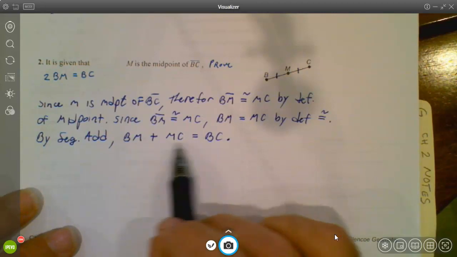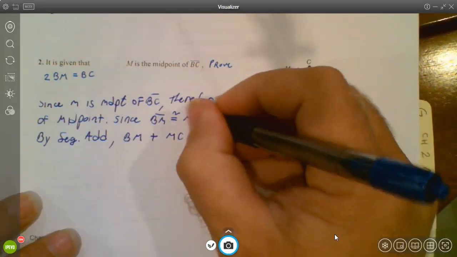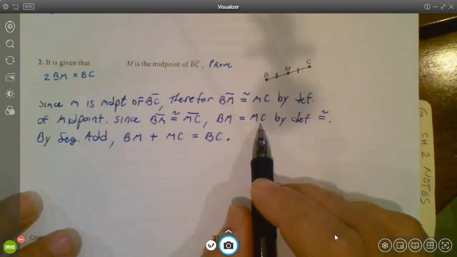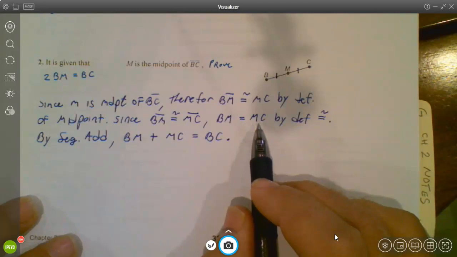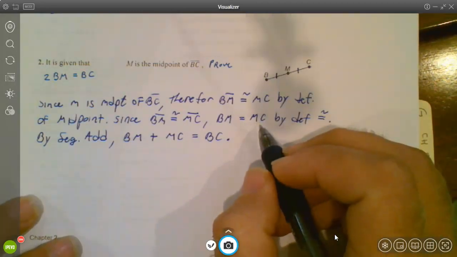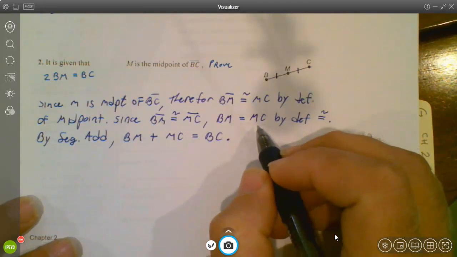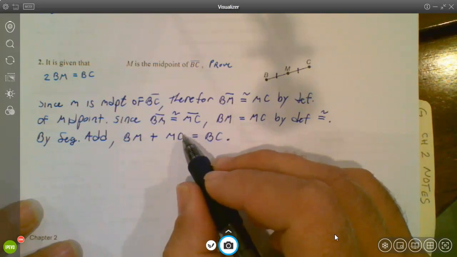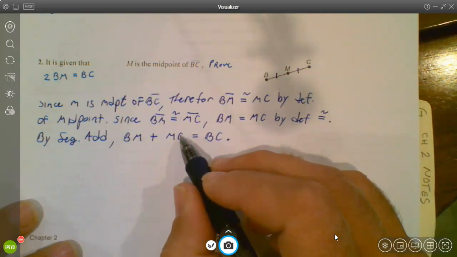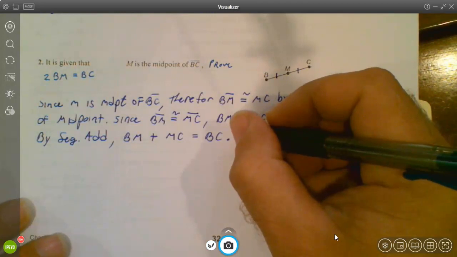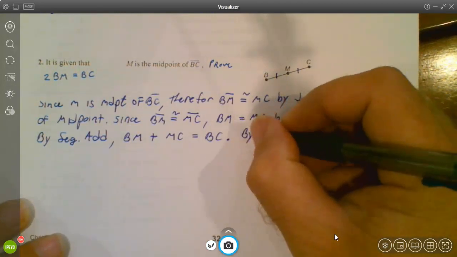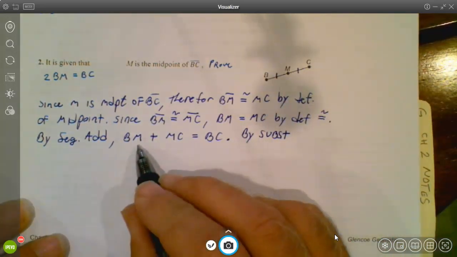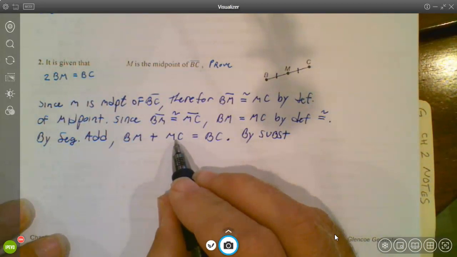So if you look at this equation, since BM is equal to MC, can't we do a little substitution here? Since I know that MC is equal to BM, can't I substitute BM in for MC? So by substitution, I know that BM plus BM equals BC.